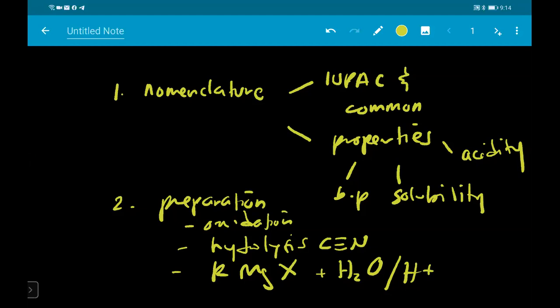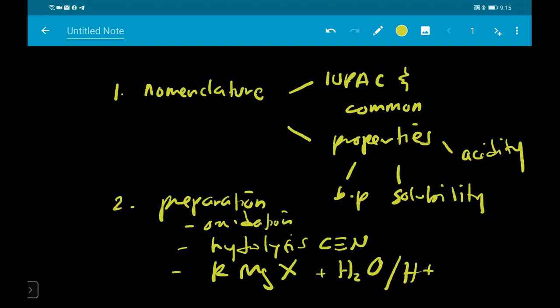Alright, so far we have learned nomenclature and preparation. In this meeting I'm also going to take a look at the reactions. Please also refer to your PowerPoint, because I want to highlight one simple concept that we will apply to all carboxylic acids or carboxylic acid derivatives.